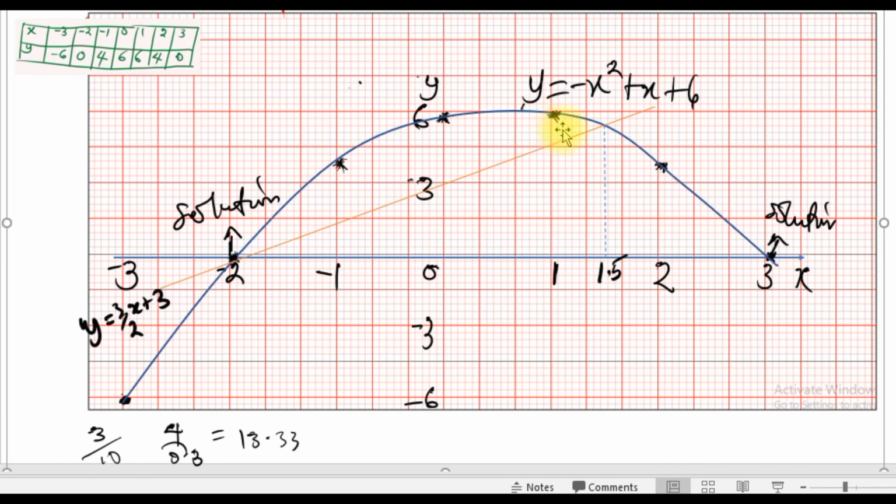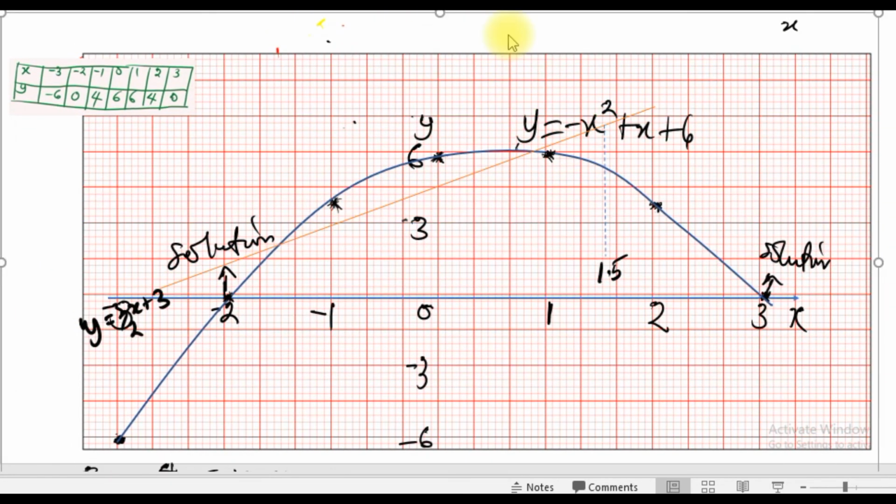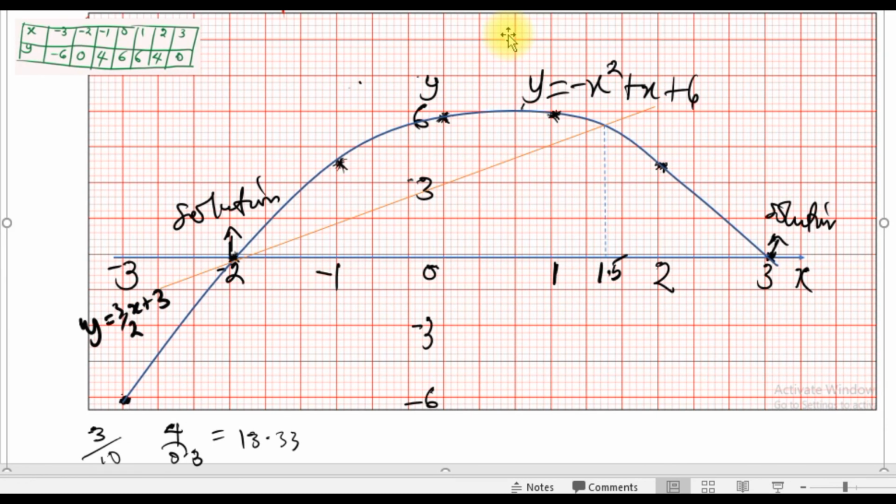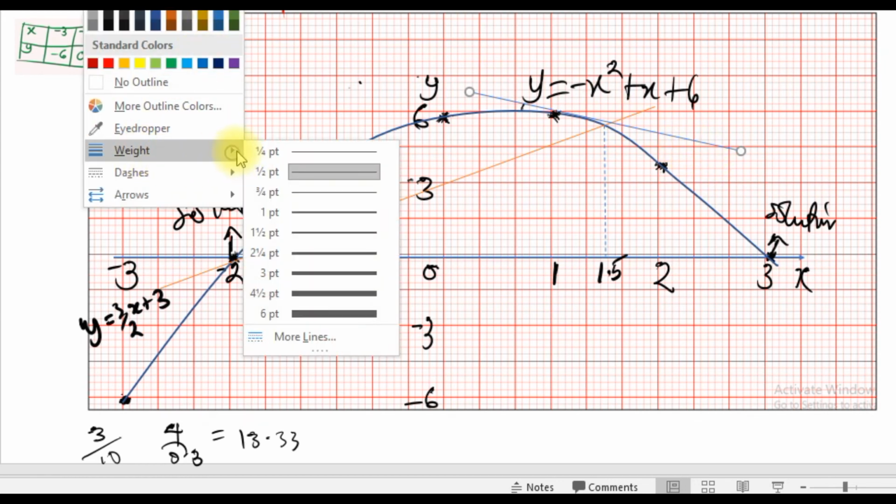So remember, to find the slope is to draw a tangent line to that curve. I'll draw a tangent line, a line that touches the curve at only one point.